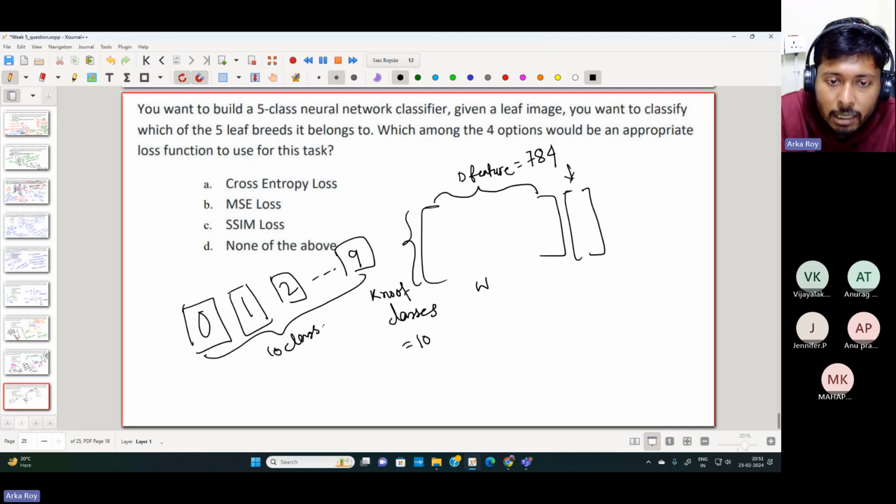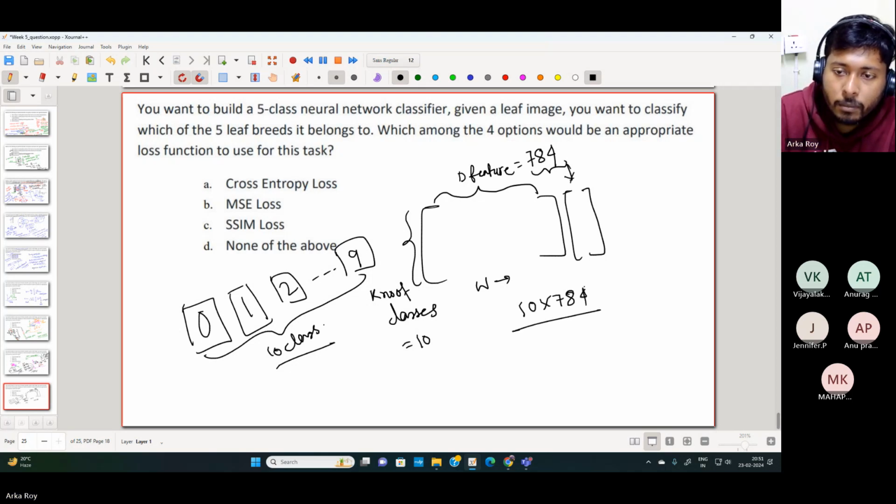So this is a 10-class classification problem, and for each of the images we have 784 features. So the weight matrix will have shape 10 cross 784, or the transpose is also valid.